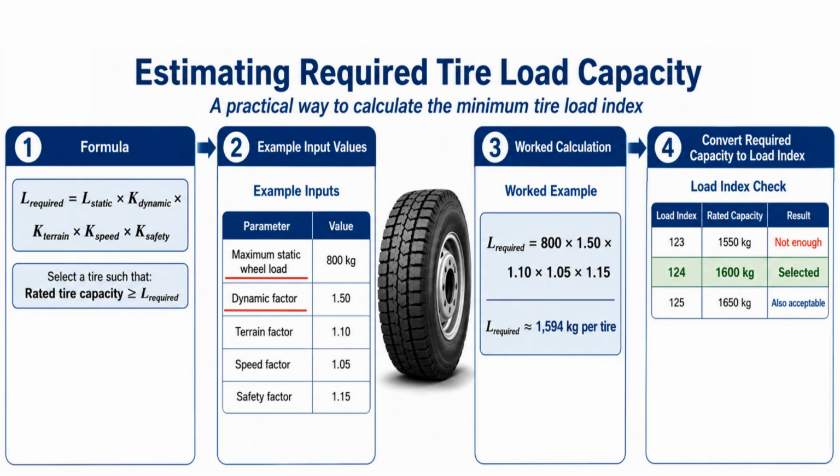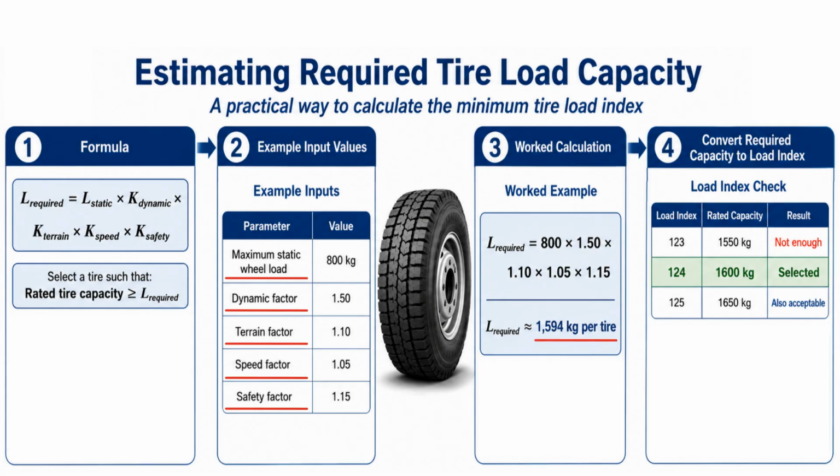The dynamic factor is 1.50, the terrain factor is 1.10. The speed factor is 1.05. And the safety factor is 1.15. We will learn how to calculate these factors in the next video. For now, just understand that these factors are to be considered for load index calculation.